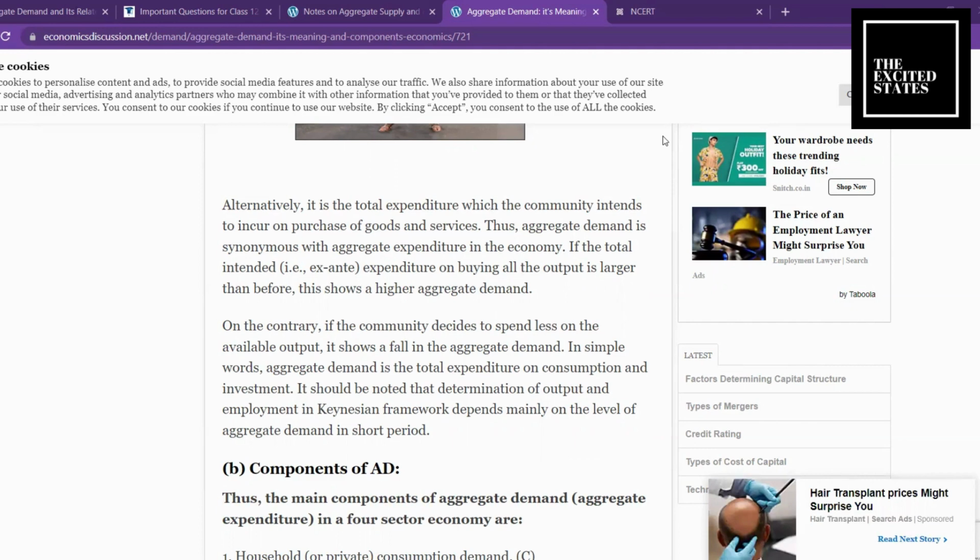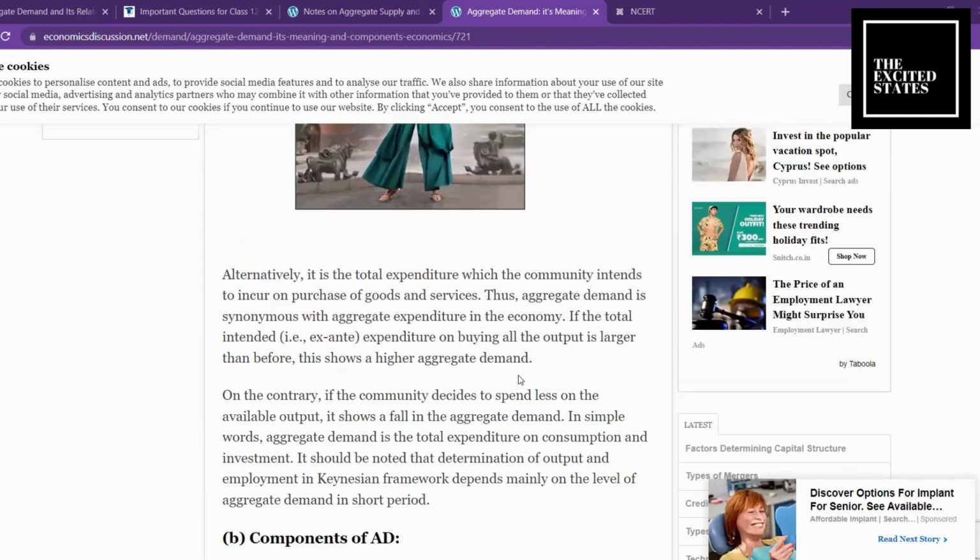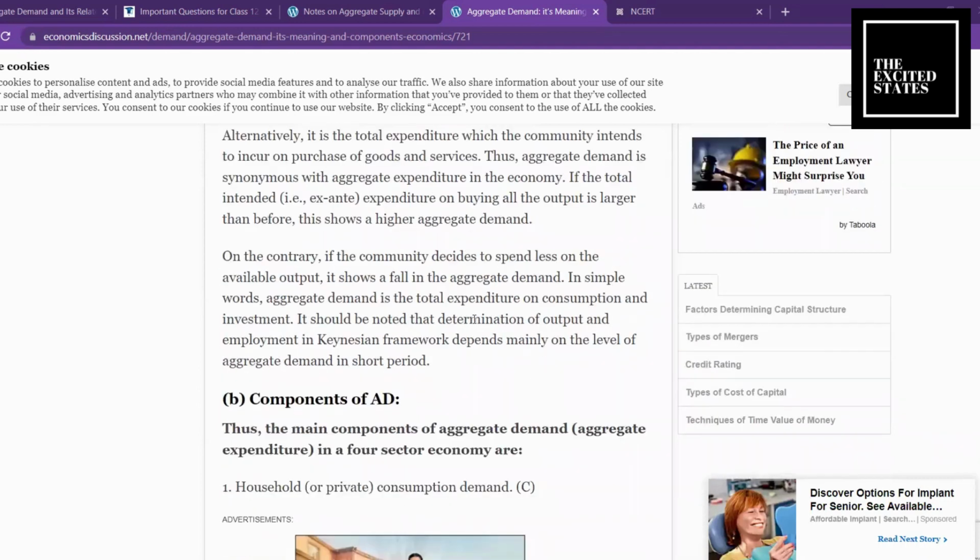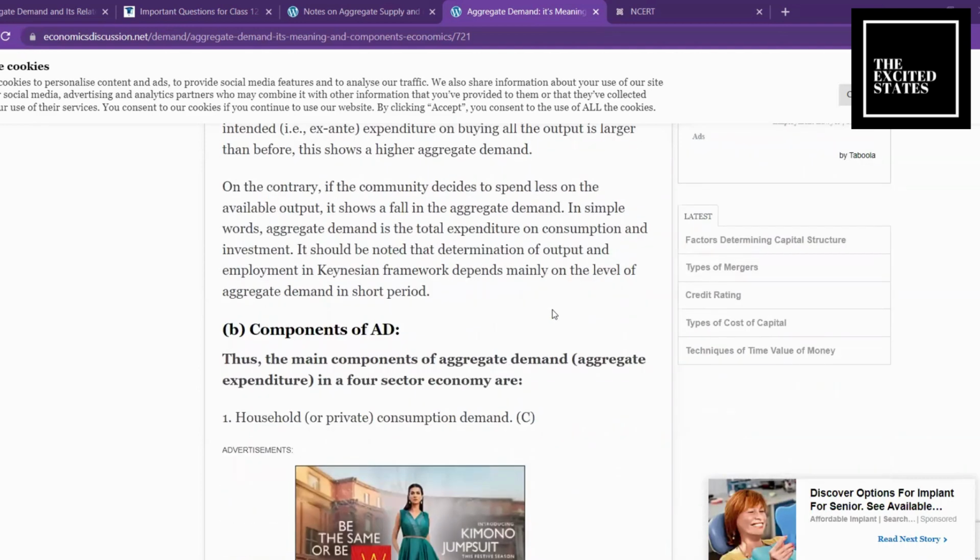So in simple words, aggregate demand is total expenditure on consumption and investment. Because if we are talking about demand, about money, whether private, household, or government, they are either consuming or investing it.